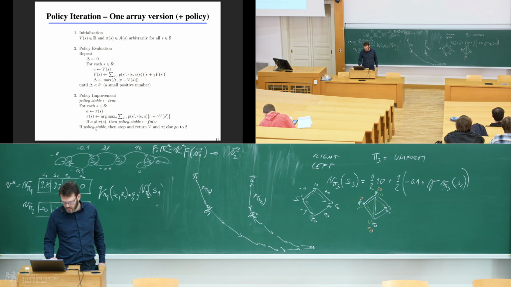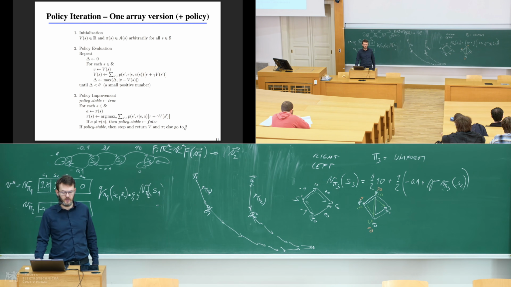And if the policy is stable, then you finish. If it's not stable, then you go to the policy evaluation step. You will evaluate the new policy, and again you will try to improve it. You evaluate and improve until, after the improvement and evaluation, you are not able to improve the policy anymore, right? The maximal action was always the action you already played.